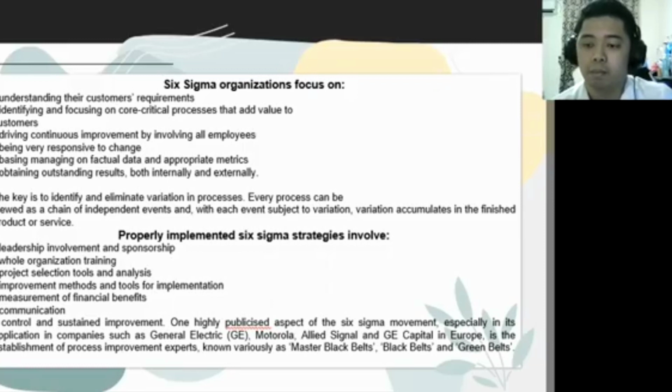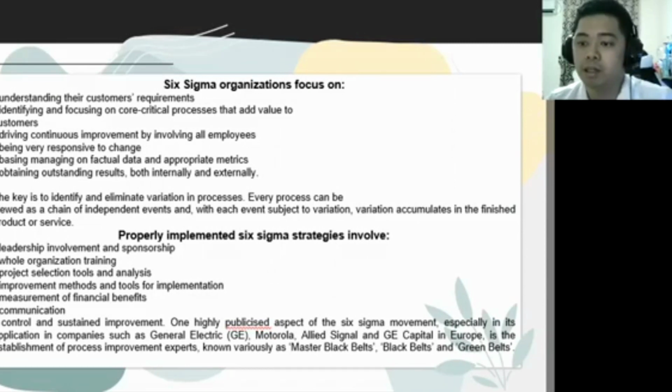Then, properly implemented Six Sigma strategies involve leadership involvement and sponsorship, full organization training, project selection, tools and analysis, improvement methods and tools for implementation, measurement of financial benefits, communication, and last is control and sustaining improvement.